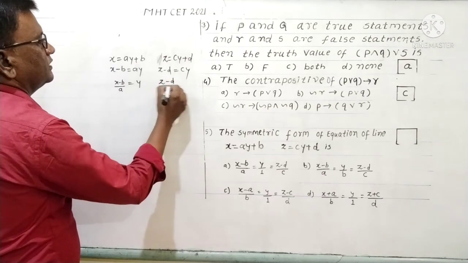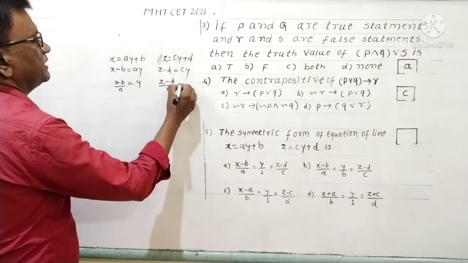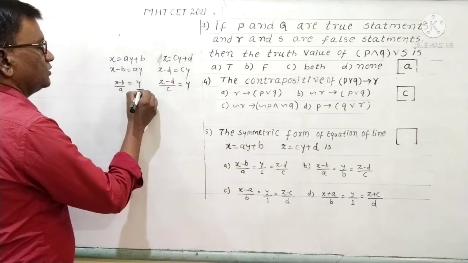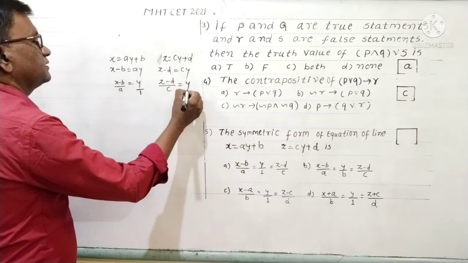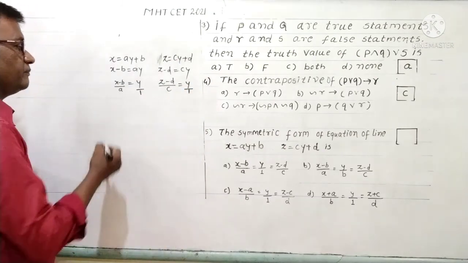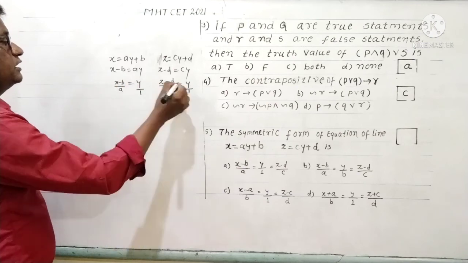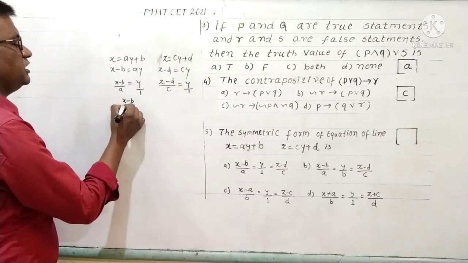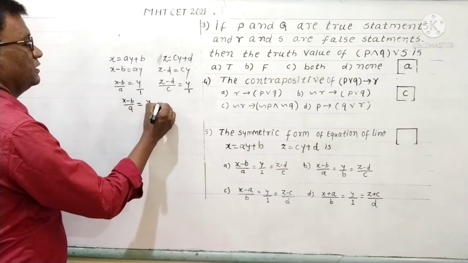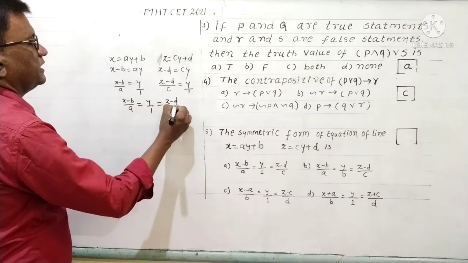Here z minus d, divided by c, is equal to y. As there is no number, here is 1 in the denominator. So from this equation we can write x minus b upon a is equal to y by 1 is equal to z minus d by c.